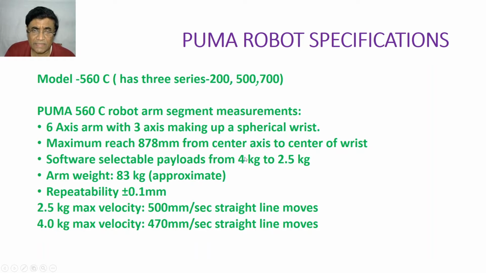Okay, then you can ask why so little payload? Actually, this is not low payload compared to the kind of structure the Puma has, okay, 4 kg, 2.5 kg, because when we talk about trajectory following, if you put more mass, there will be unnecessary vibration, because that high mass will create a torque at the gripper, and that will be transmitted, that will produce a coupling effect, and all kinds of nonlinearity will be there, and controlling will be very difficult.